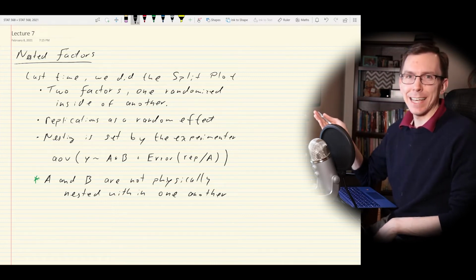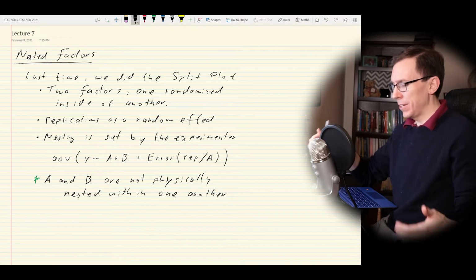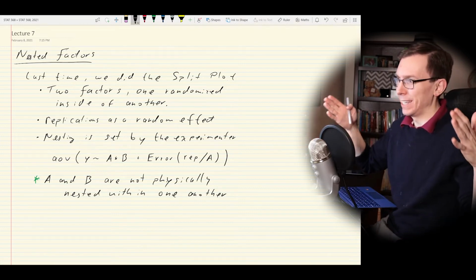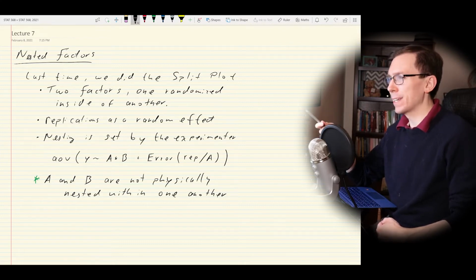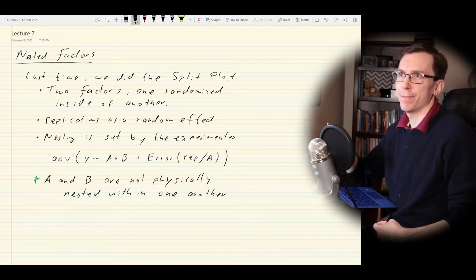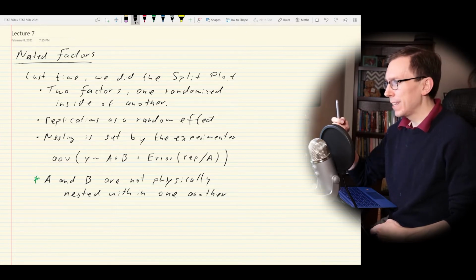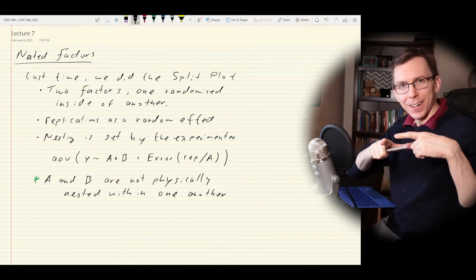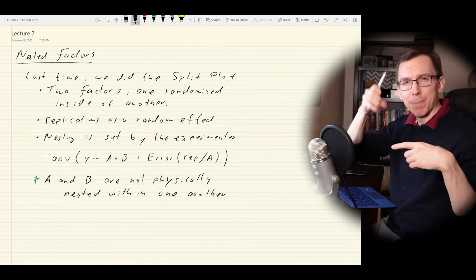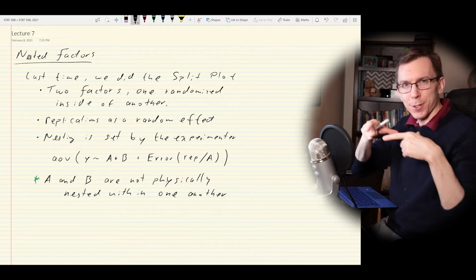So the classic example, like I said last time, would be you have a big plot of land and maybe B are different varieties of some plant. A is different types of, say, pesticides. Well, if you're going to be dusting a whole big plot of land, it might be very hard to carefully drop your pesticide on tiny little squares.